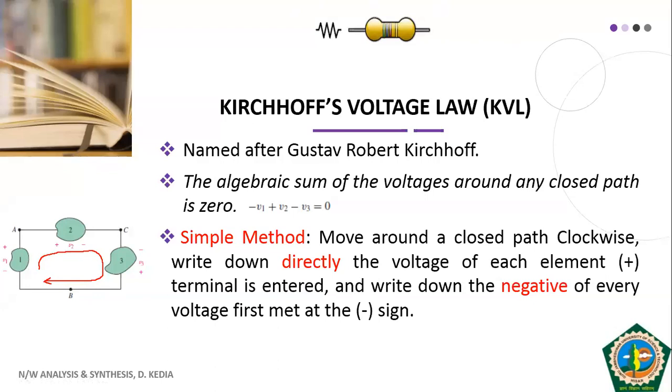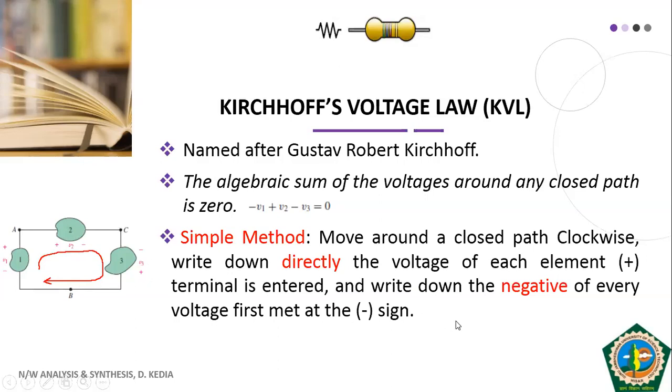In this circuit, element 1 has voltage V1, element 2 has voltage V2, and element 3 has voltage V3, and along with the voltages their signs are also indicated, plus and minus.